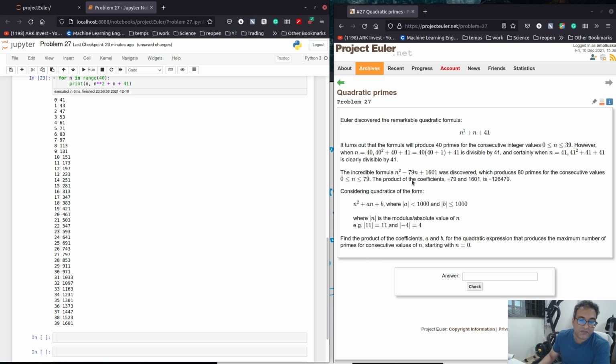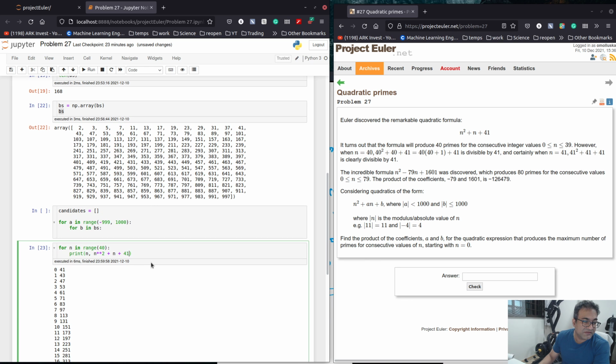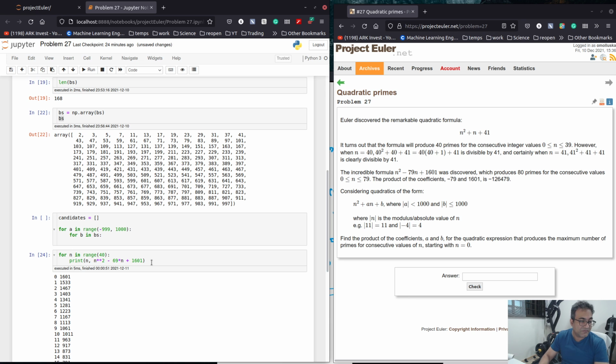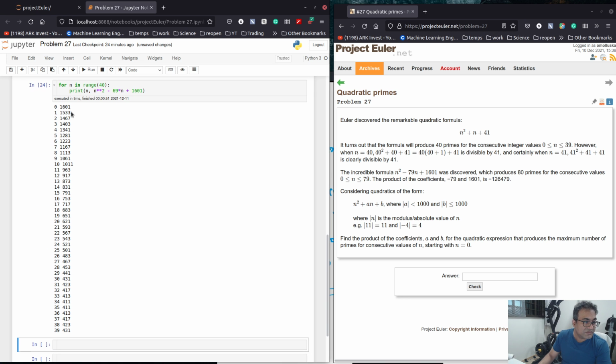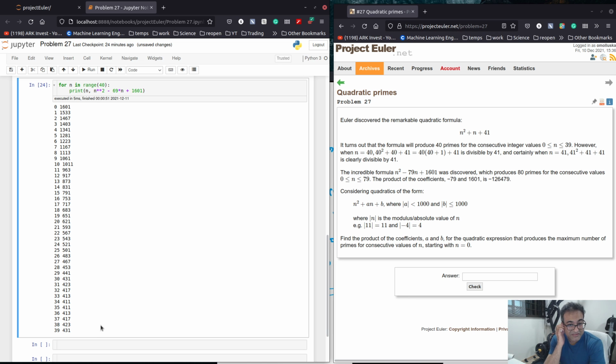What about n square minus 79n plus 1601? It's something that keeps on decreasing and comes to 41. Oh wait, this will go all the way up to 79. 80 primes.